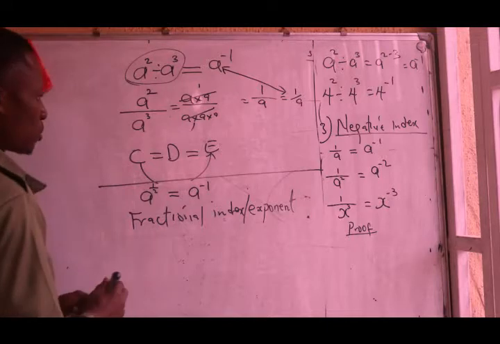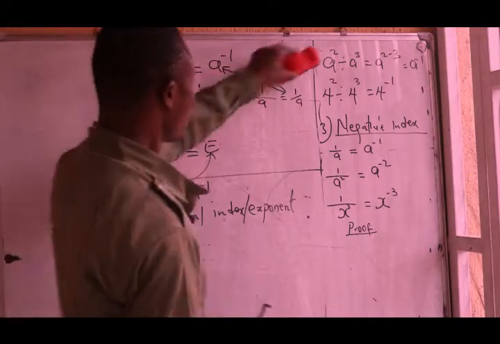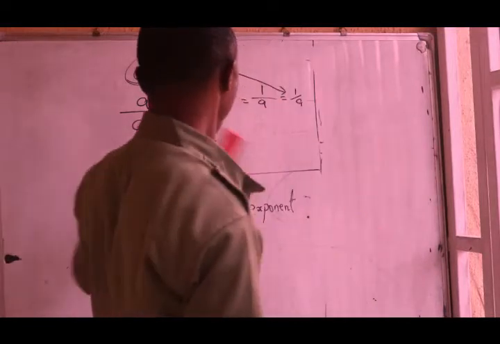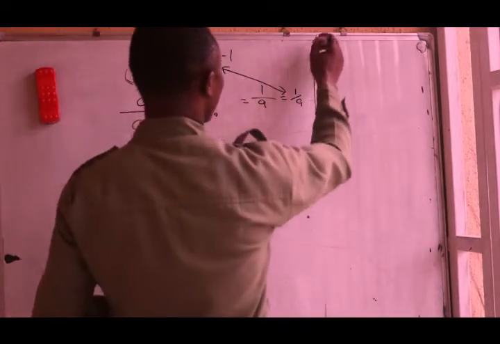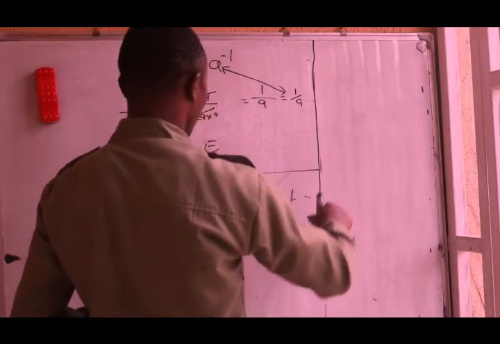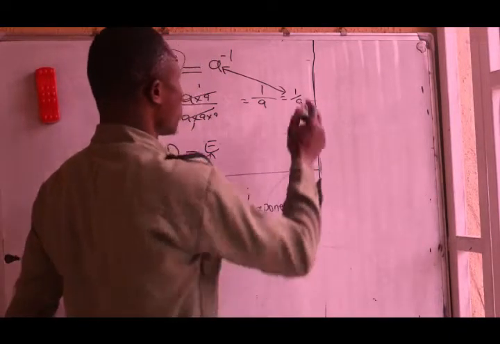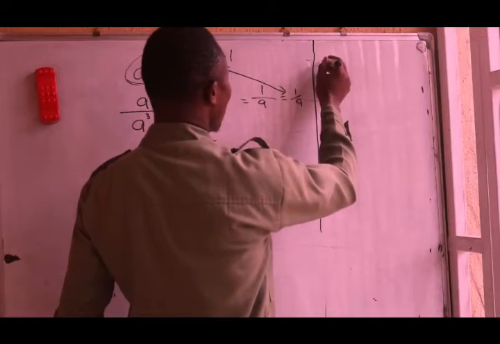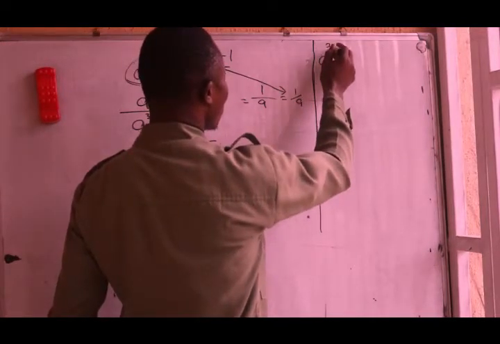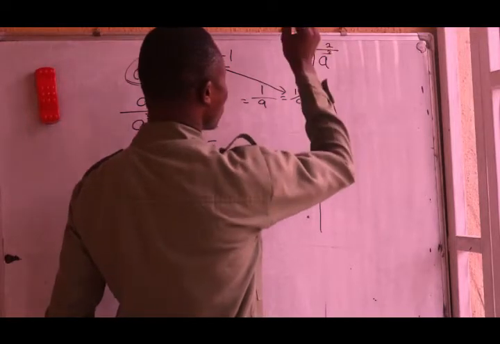Alright, so let me wipe the board so we can take that. That's the fourth law of exponent. So we have a, we're using a as our base, raised to the power of a fraction 2 over 3.